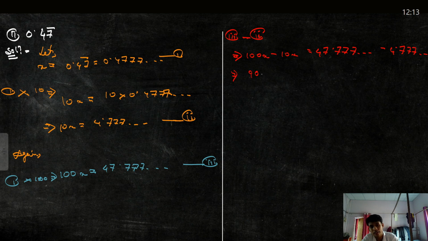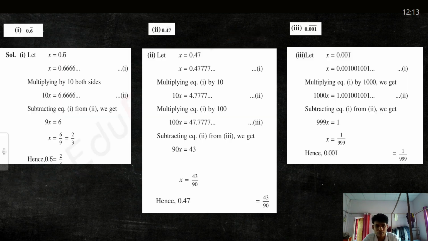That implies 90 times x will be equal to 47 minus 4 would be 43, right?